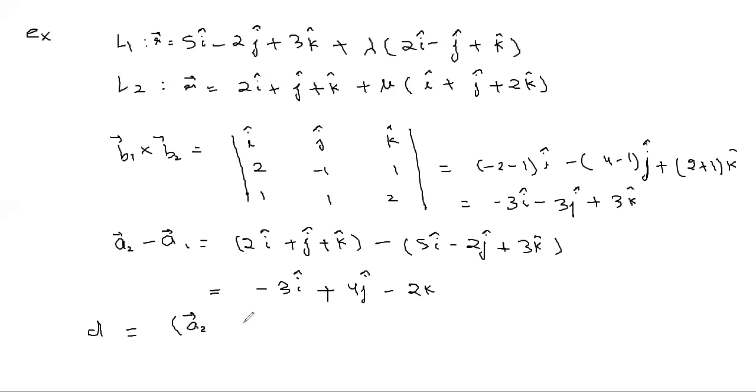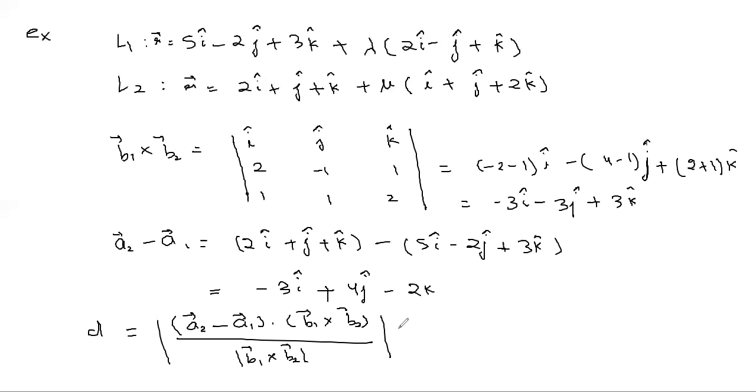So the shortest distance between these two lines is the dot product between a2 minus a1 and the cross product of b1 and b2, divided by the magnitude of vector b1 cross b2. It should be the absolute value, so we put a modulus sign along with it.